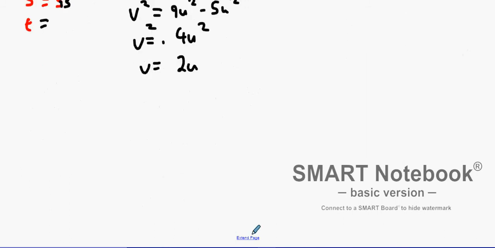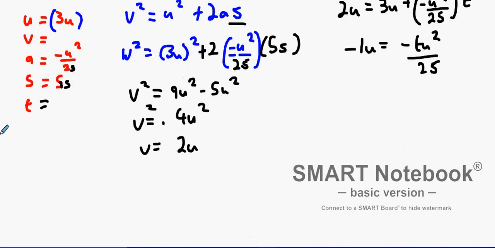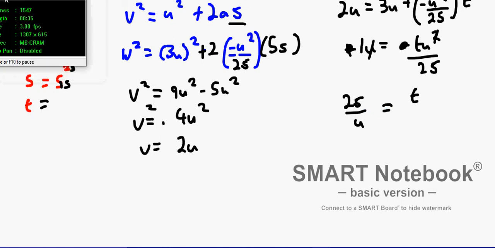We're going to get rid of the negatives on both sides, and u cancels with that u. What we're going to be left with is t equals 2s over u. Sorry about the errors in that. It was a bit messy, but we got there in the end.